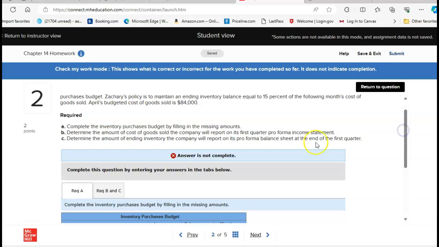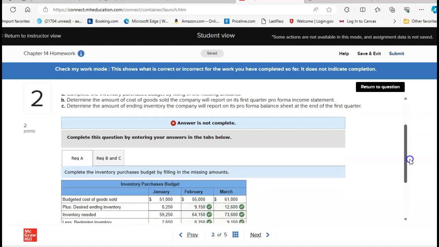Now let's look at B and C. B said determine the amount of cost of goods sold we'll report on the first quarter pro forma income statement. So we're gonna do a pro forma income statement for the first quarter of the year and determine the amount of inventory we're gonna report on a pro forma balance sheet.